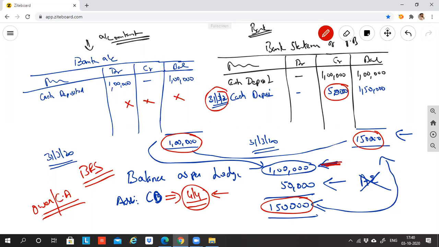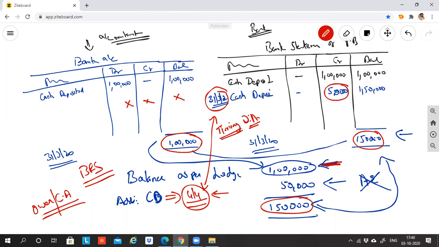So can I say there is a timing difference of recording? There is a timing difference. The bank recorded the amount at a different date, and we as accountants are recording the information at a different date, because the accountant received the information on 4th only.